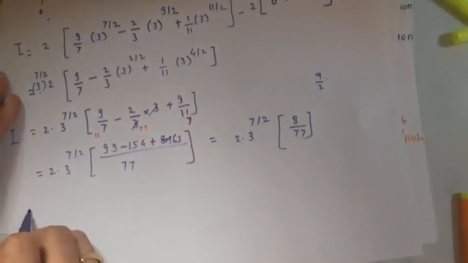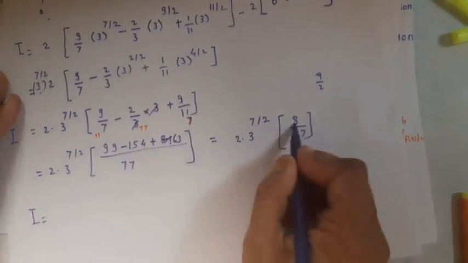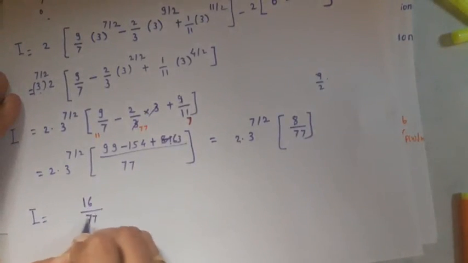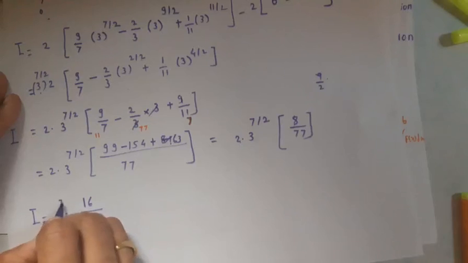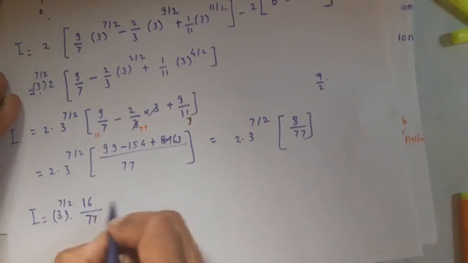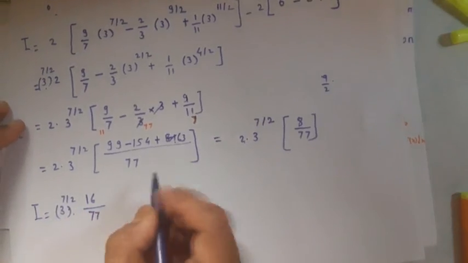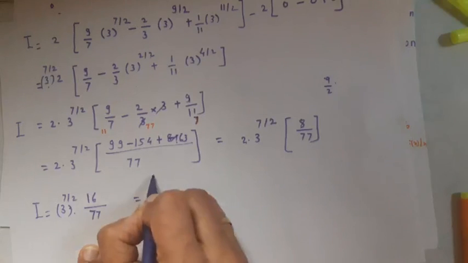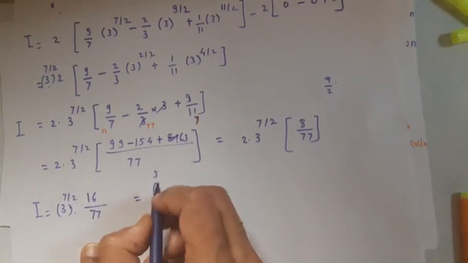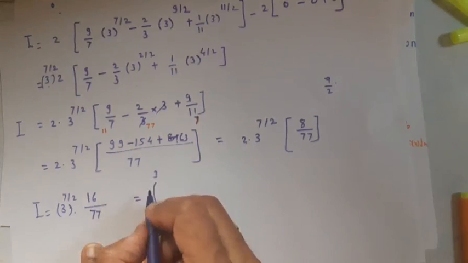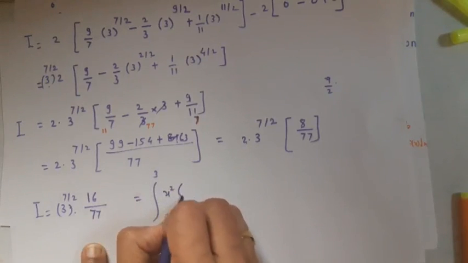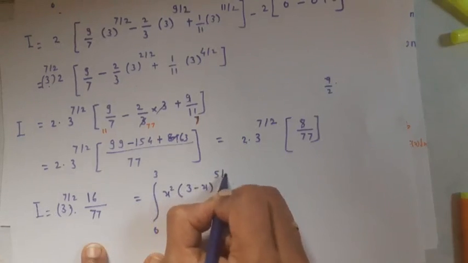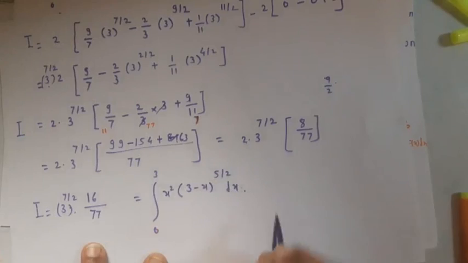Hence integration I equals 2 into 8, that is 16 by 77 into 3 raised to 7 by 2. Okay, this is the solution of integration 0 to 3 x square into 3 minus x raised to 5 by 2 with respect to x.